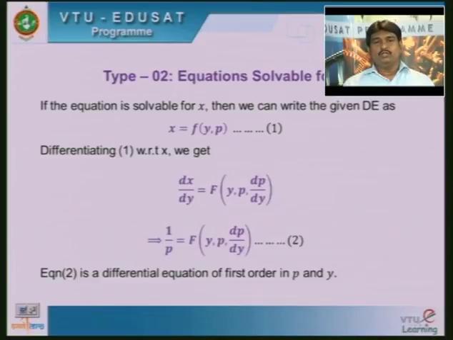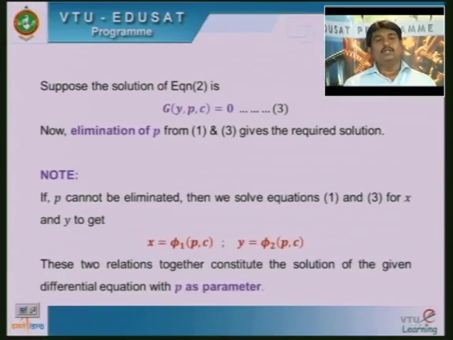Equation 2 is a differential equation in terms of p and y. I will not treat p as dy by dx here. p is some variable, y is some variable, so it's a differential equation in terms of only p and y, no x involved here. So I can solve that equation to get a solution in the form g of y, p and c equals to 0, one arbitrary constant c.